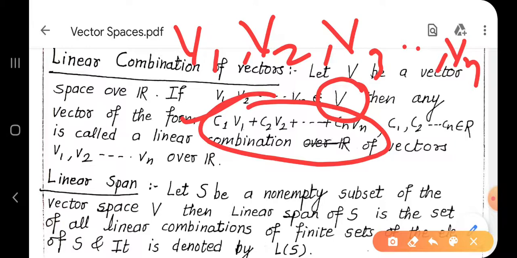Means each element of vector space V can be expressed in terms of this set of vectors. Then we can say that V is spanned by these vectors. So these vectors are the generators for V. So this set spans V. V is spanned by these vectors v1, v2, dot vn.